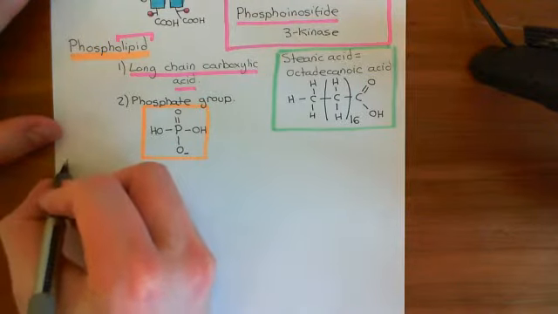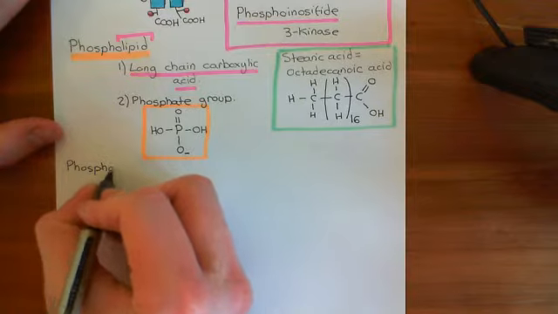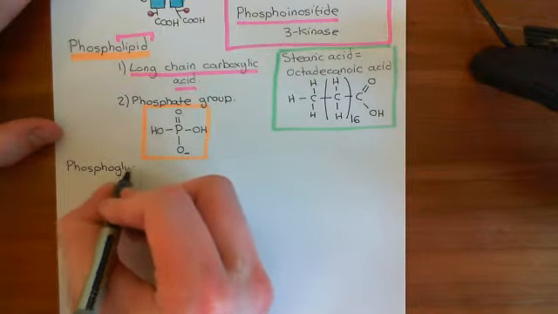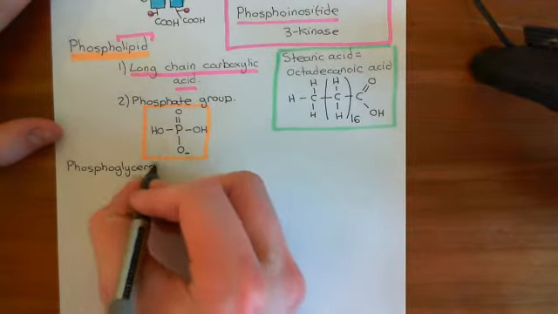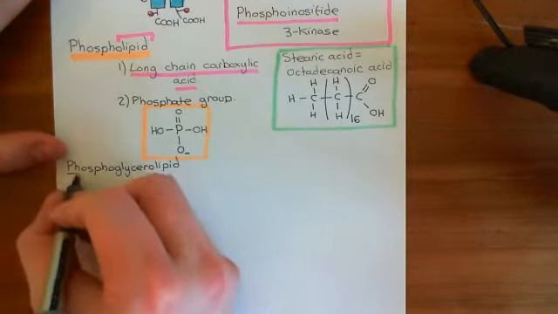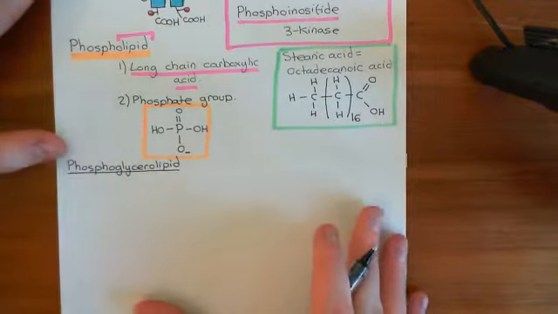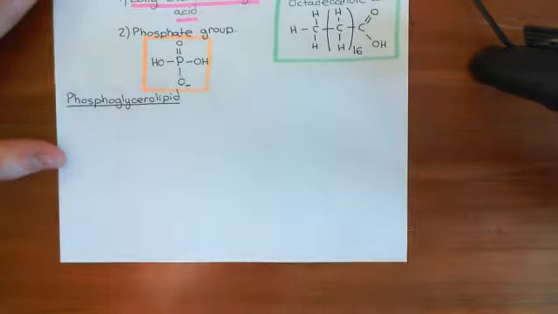Now let's move on to what a phosphoglycerolipid is. These are phospholipids, firstly. They're all going to obey those two criteria that we've outlined above, but they're also going to be fundamentally based on a glycerol molecule, which is the glycero in their name.